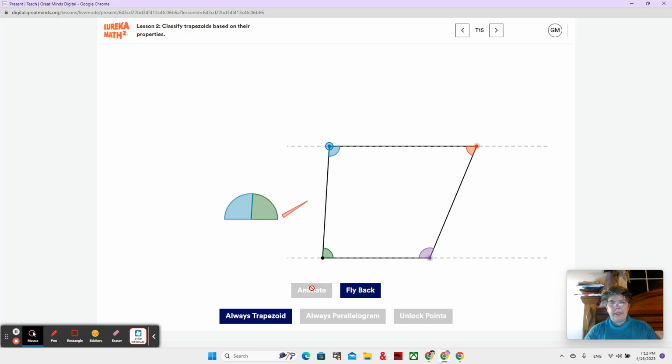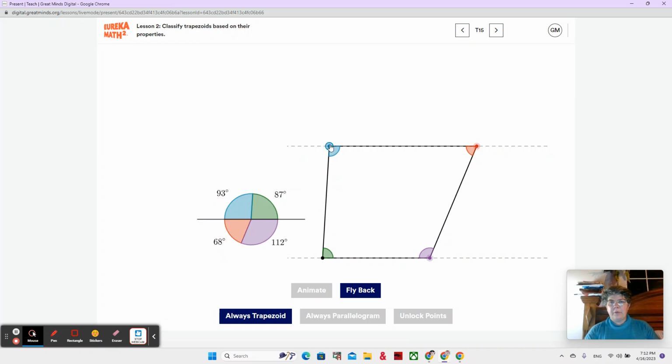Now when we animate, we can see 93 and 112, 87 and 68. It's these two, the green and blue, the two that are next to each other: 93 plus 87, 112 plus 68. And we know it makes 180 because here's our straight line.